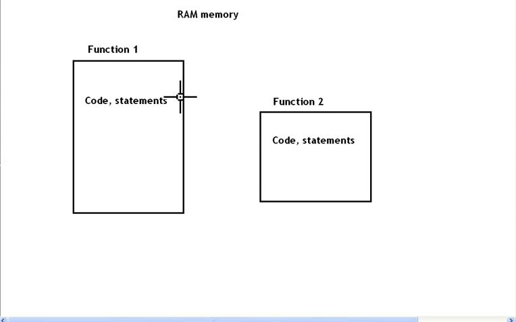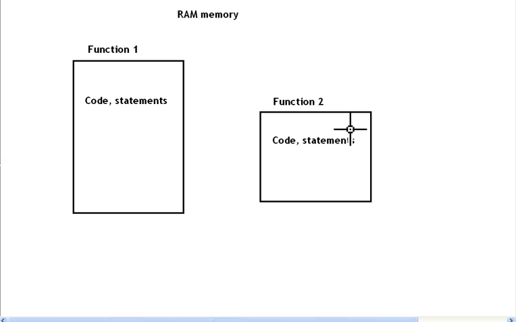As we can see, they are independently placed, and all the code inside this first function, this is the body here, and this is the body of the second function, they don't know anything about each other. So if we have two functions, the body doesn't know anything about the second function's body.